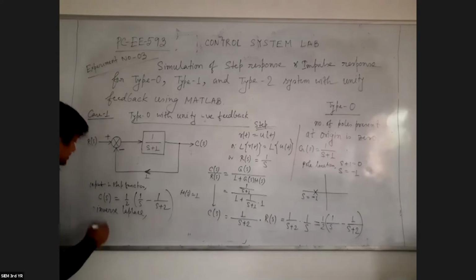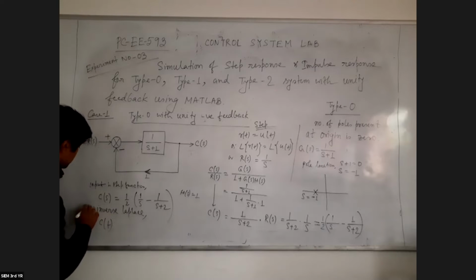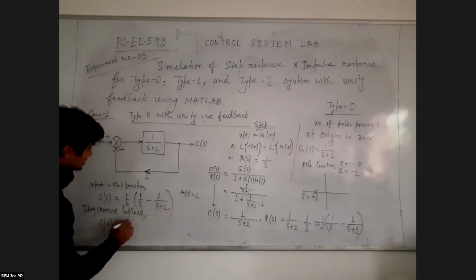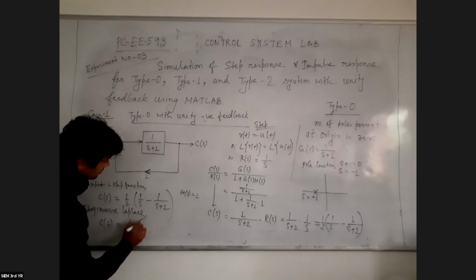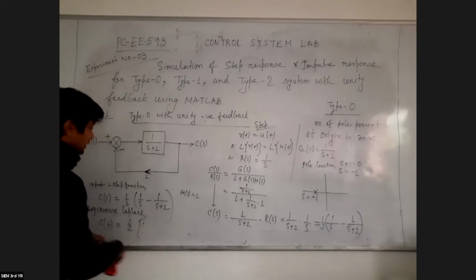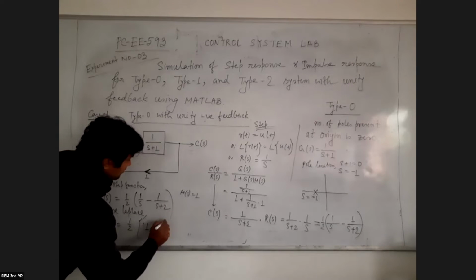If it is inverse Laplace, then it will become c(t). This half will become half. So this will become u(t), or you can easily say u(t) means 1 minus e to the power minus 2t.